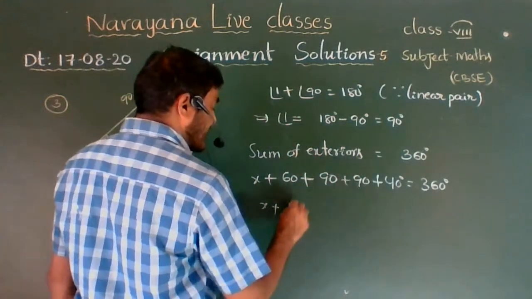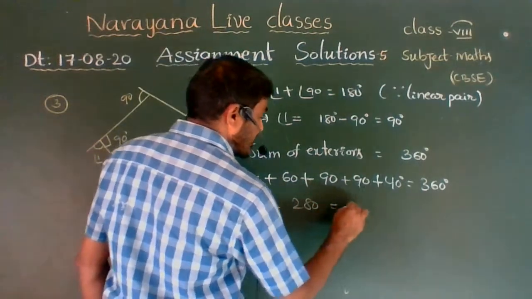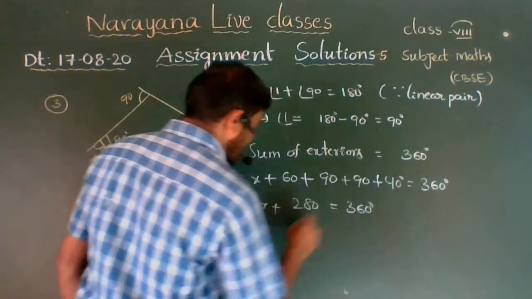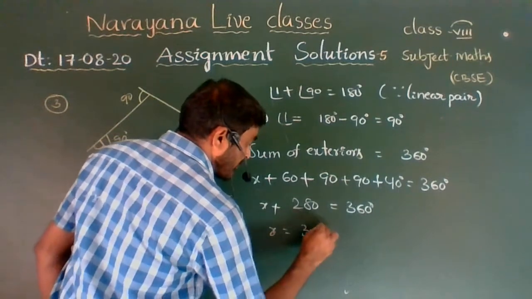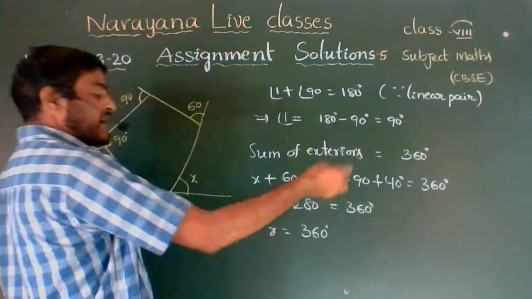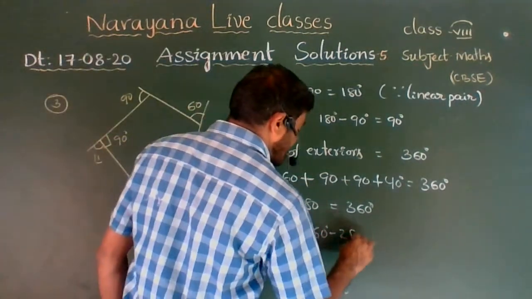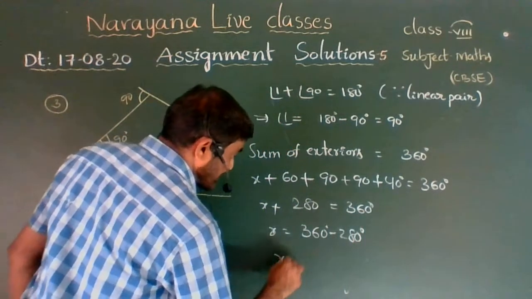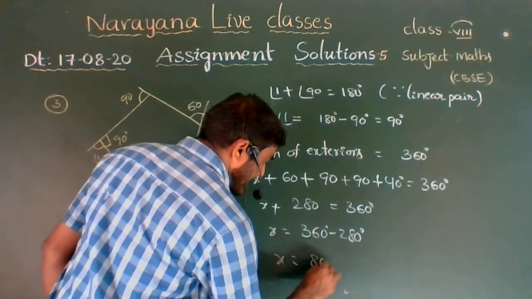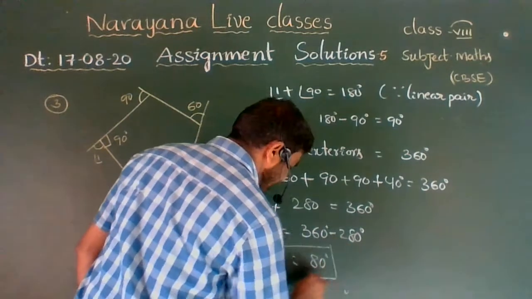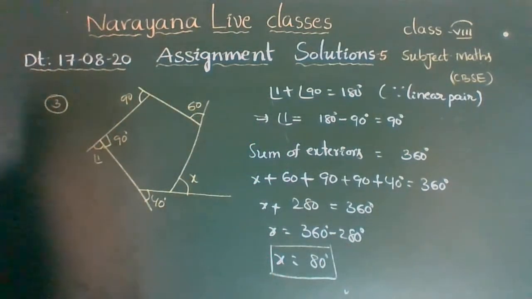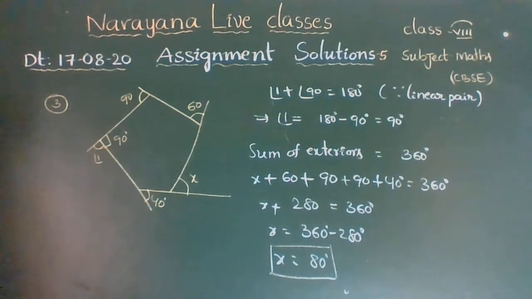So 180 plus 100 is 280, equal to 360 degrees. Then x is equal to 360 degrees minus 280 degrees, as this 280 will be transferred to the right side. Then x is equal to 80 degrees. So this is the missing angle from the given figure. This is the third sum solution.